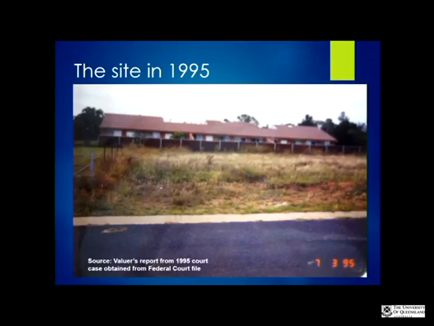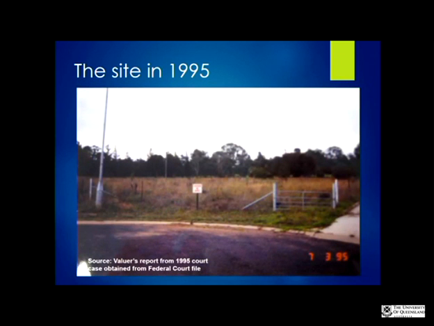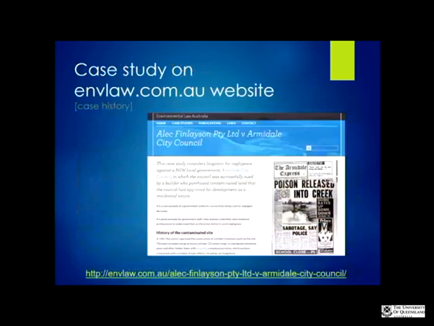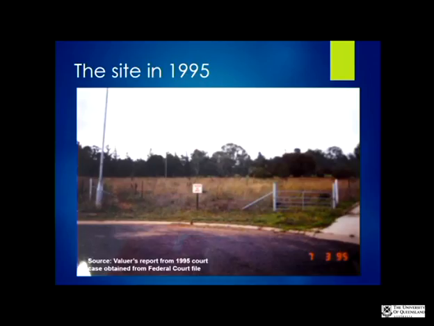Okay, so when the first purchaser purchased it, they then did a stage 1 subdivision and then sold it on to Alex Finlayson. And Alex Finlayson, who was a developer, was going to develop the second stage of the site. And he had no knowledge of the history of the site. The company that sold it to him did not notify him of potential contamination on the site.